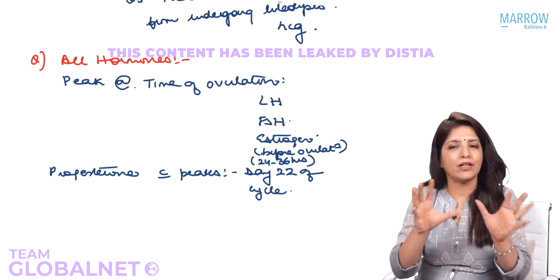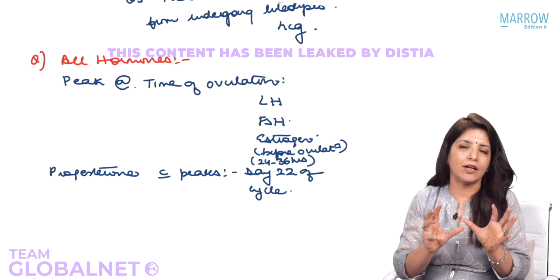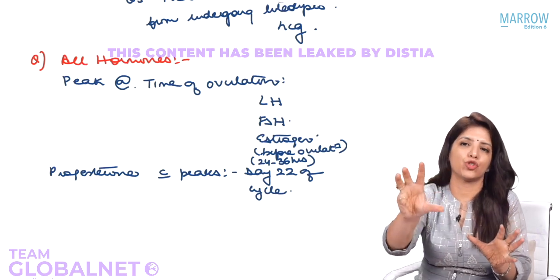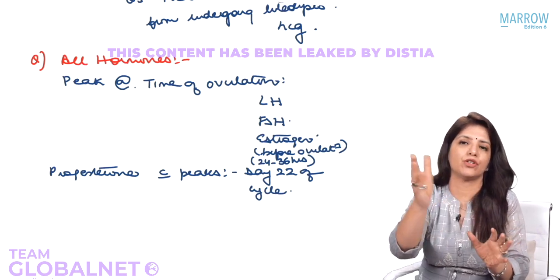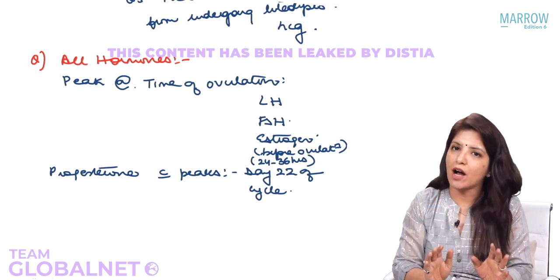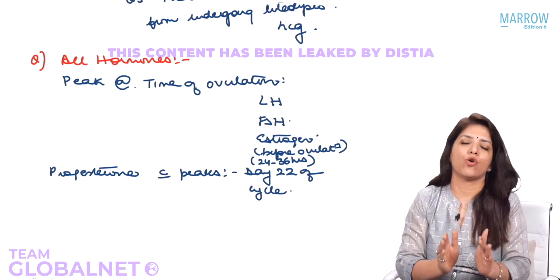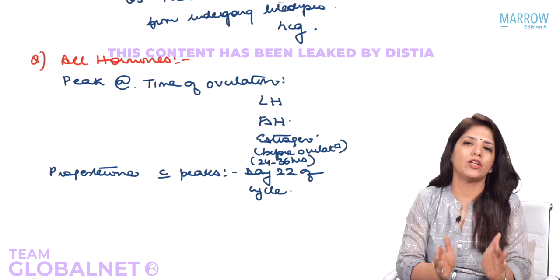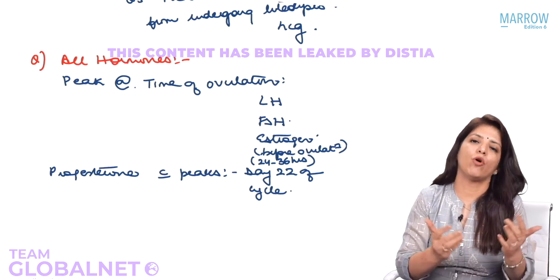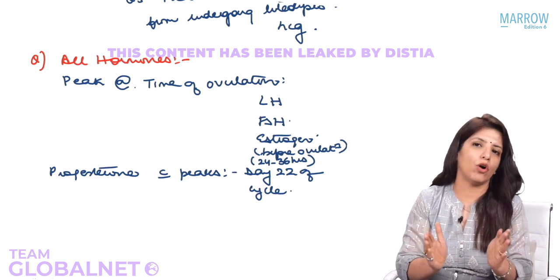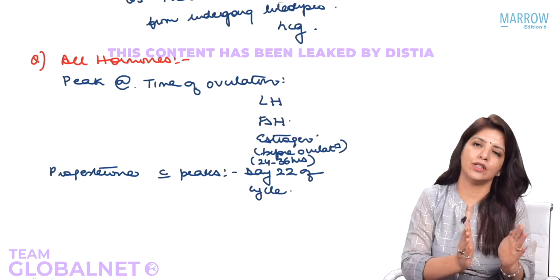And all the tests of ovulation are ultimately looking at hormone progesterone, whether it is present or not. So if I ask you on which day of the cycle all the tests of ovulation should be done, you will say, ma'am, all the tests for ovulation should be done on day 22 of the cycle.